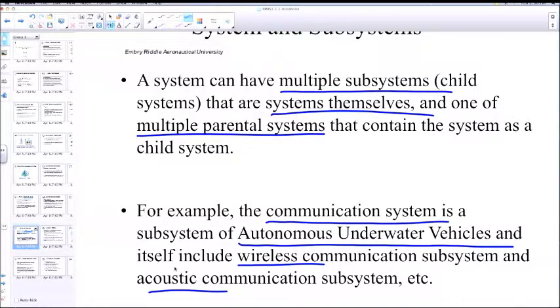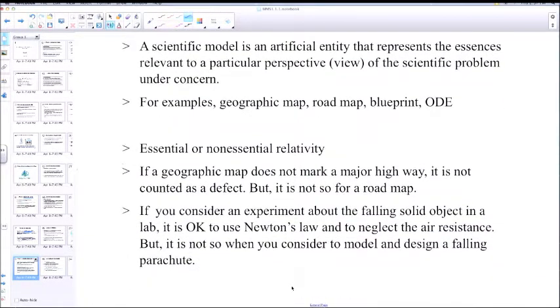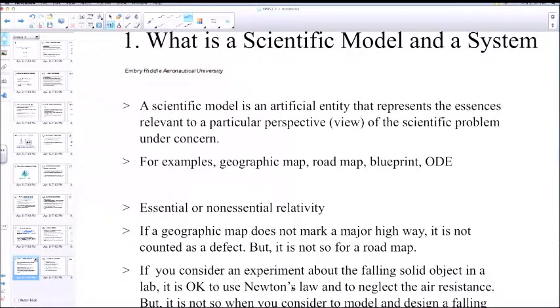So you have a whole hierarchy of systems. The AUV system could belong to a fleet with the ground station, and so you have to use this word recursively in systems.